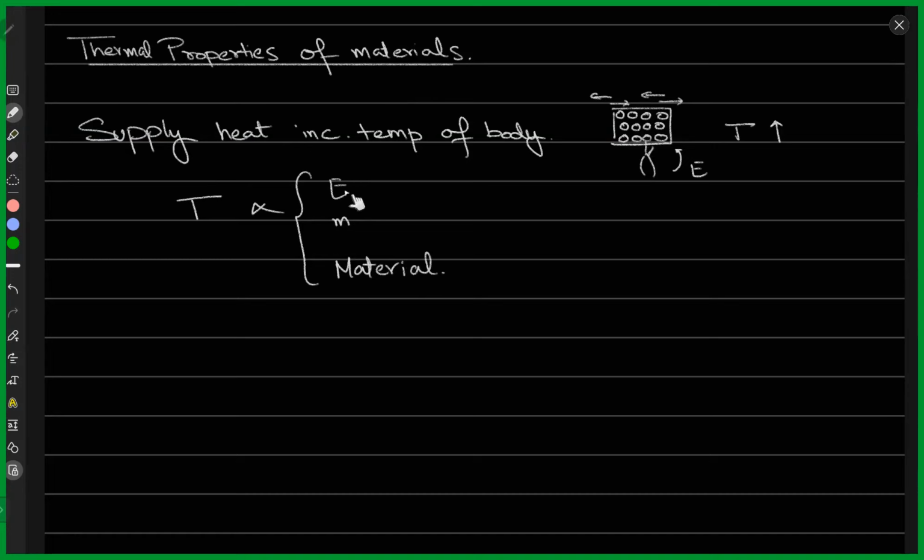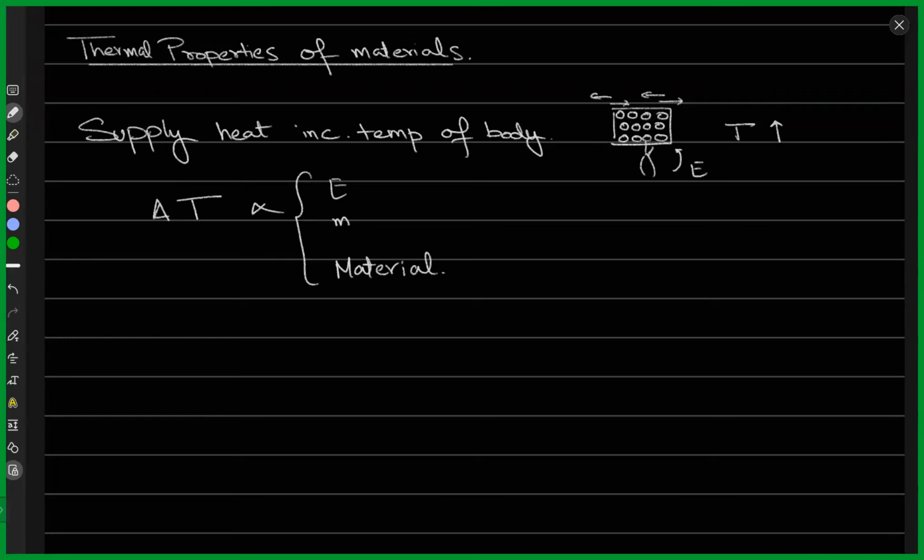So is this clear? Why does it depend on energy, mass, and the material? This should actually be delta T, because it's the rise in temperature or any change in temperature.